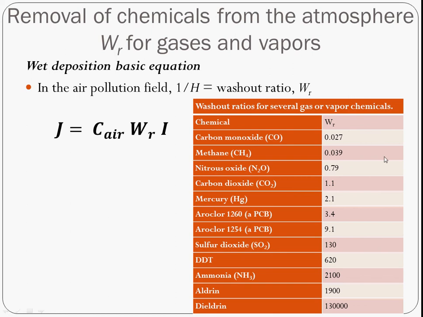So each of these values is 1 over H, but in the field they usually call that the washout ratio. So you can look that up, simply because it's the inverse of Henry's law constant, essentially, and put that into your equation. So if you know the concentration of the chemical in the air, you can look up the washout ratio, and then if you know the average rate of rainfall, then you can figure out how much is going to land on the ground in wet deposition.